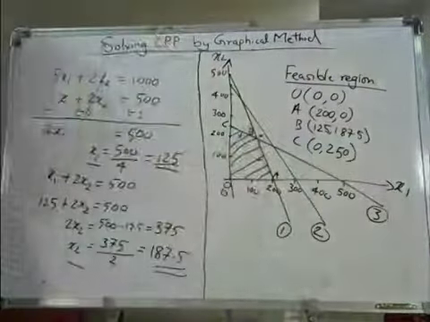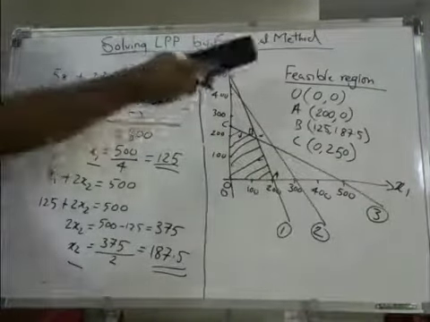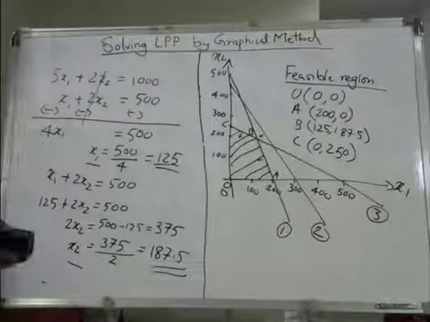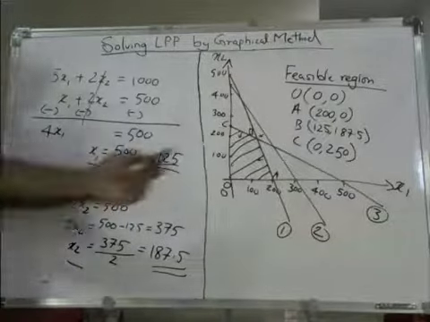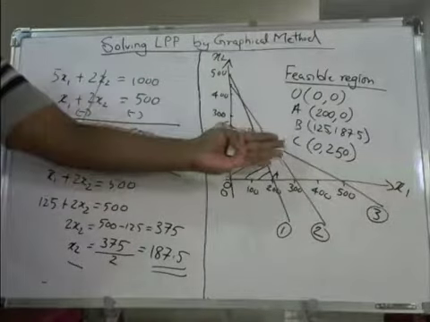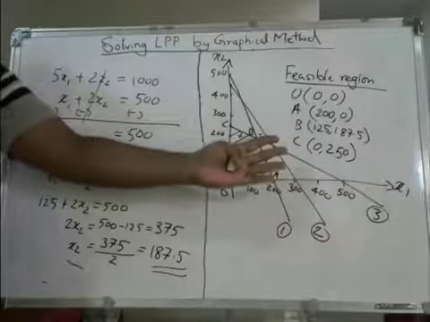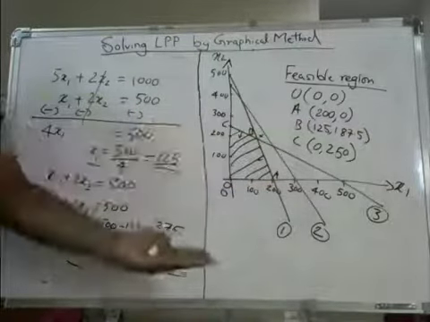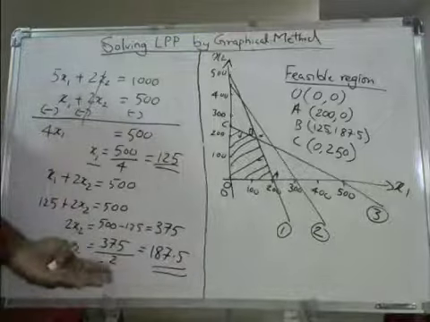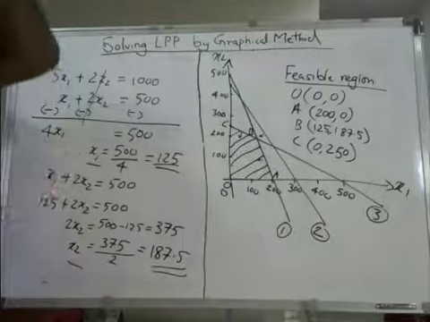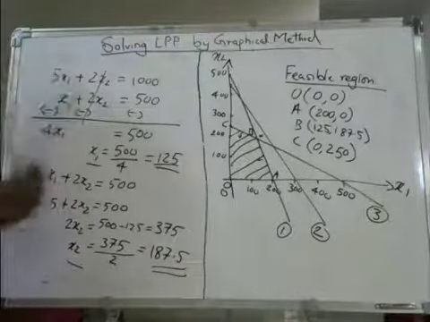Okay, so now that we have got all the coordinates here, the optimal solution lies between any of these four. Now we will substitute all these four coordinates in the objective function to understand which gives the max value, since we are trying to find the max value of z.